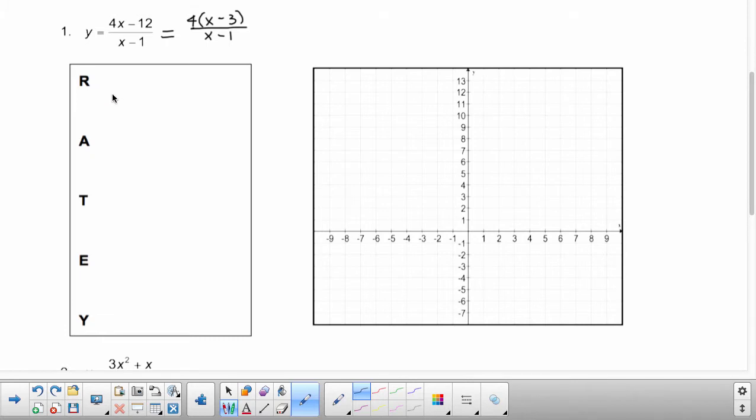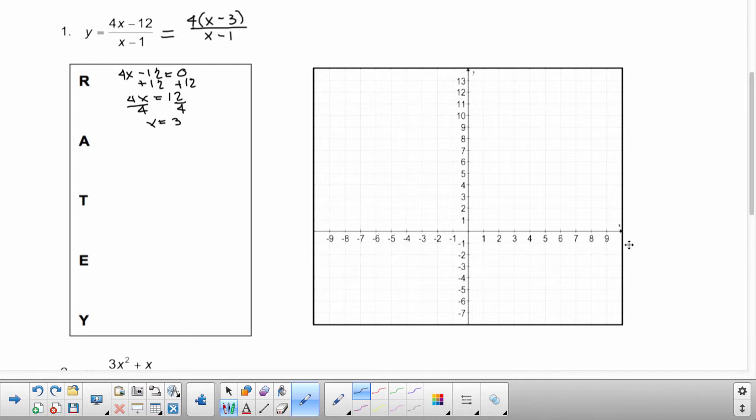First up in Rady is R. R stands for roots, that's our x-intercept. And we solve for this by setting our numerator equal to 0 and solving for x. In this case, it looks like 4x minus 12 equals 0. Isolating x, we want to add 12 to both sides, leaving us 4x equals 12. Our 4 is multiplying with x, so we can divide that out on both sides, giving us x equals 3.